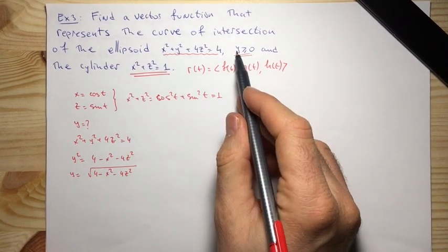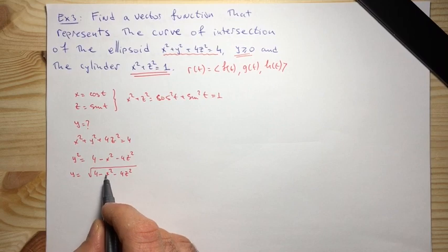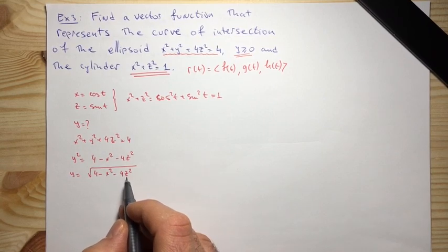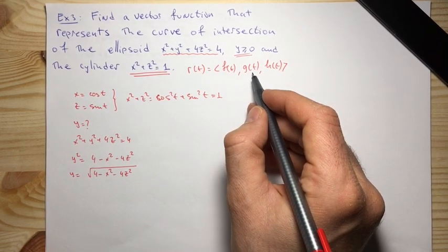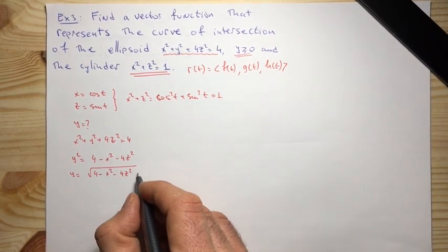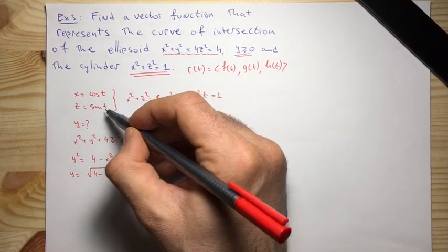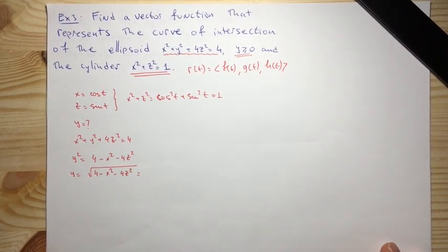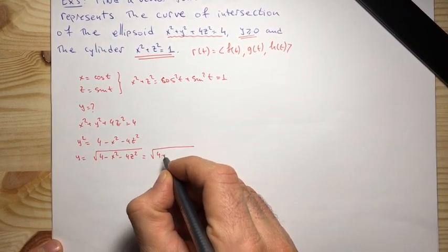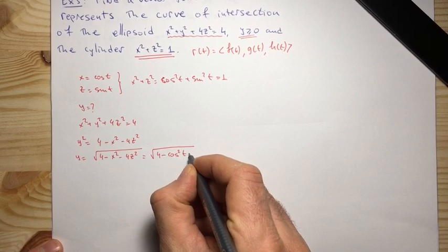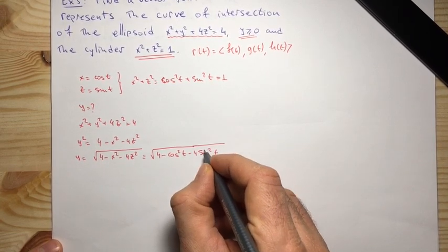We are underlining here that y is greater or equal to 0, so this is going to be the positive square root of 4 minus x squared minus 4z squared. Okay, now in order to express y as a function of t, I have to express x and z parameterized through t. So this is the square root of 4 minus cosine squared t minus 4 times sine squared t.